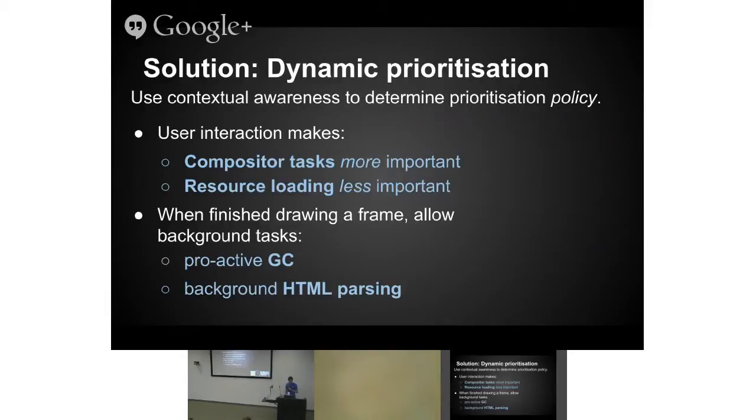Another example is that because we know what the compositor is doing, we know when the frame has been drawn, and after that there's some slack time before the next frame begins. So we might want to do some background work, like idle work, in that time period to move things along.